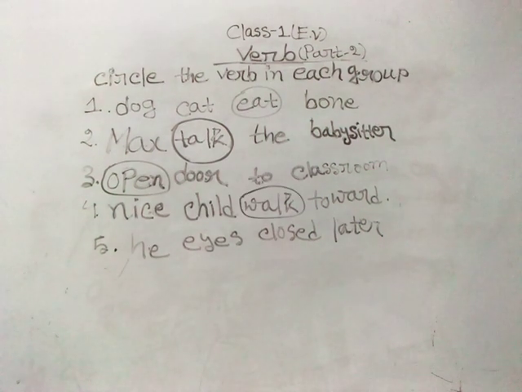So our next group is number 5. He, eyes closed later. He, eyes closed later. Here he, do you think he is a noun or pronoun or verb? He is a pronoun and he is used to mention any boy or a man or a person of male. Now eyes, no, we can consider eyes as a noun.